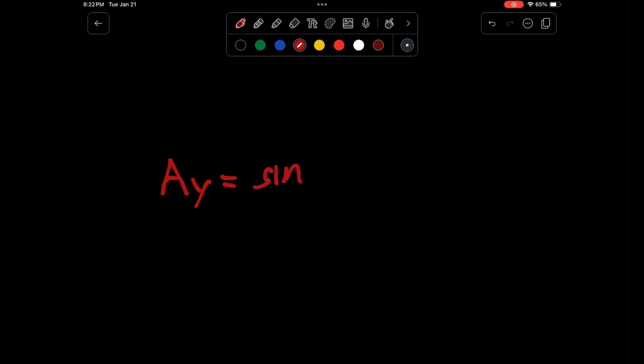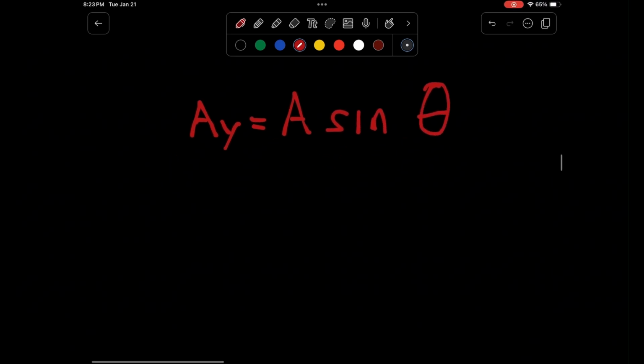This formula on our reference table, to find the component, is A sine theta, the angle. A being 1500, sine being the same, and theta being 20 degrees.